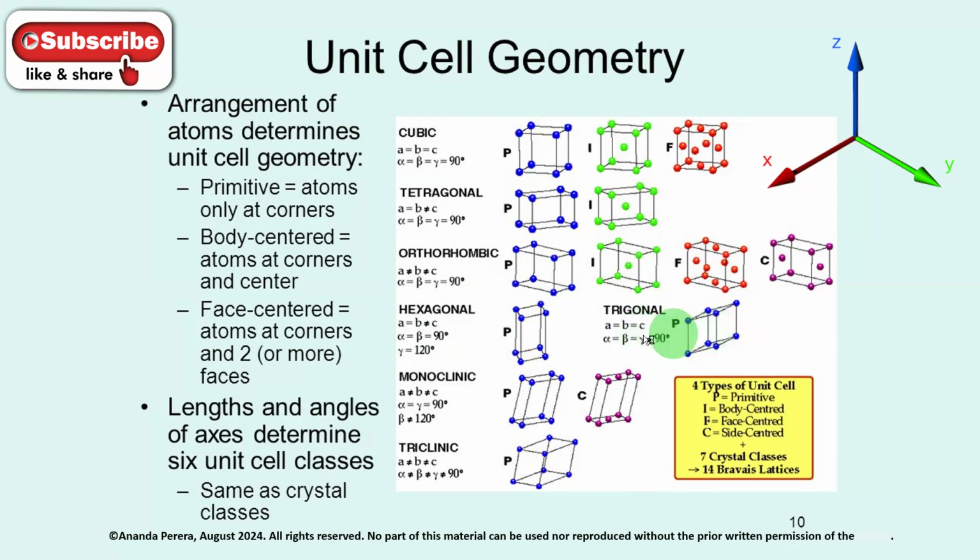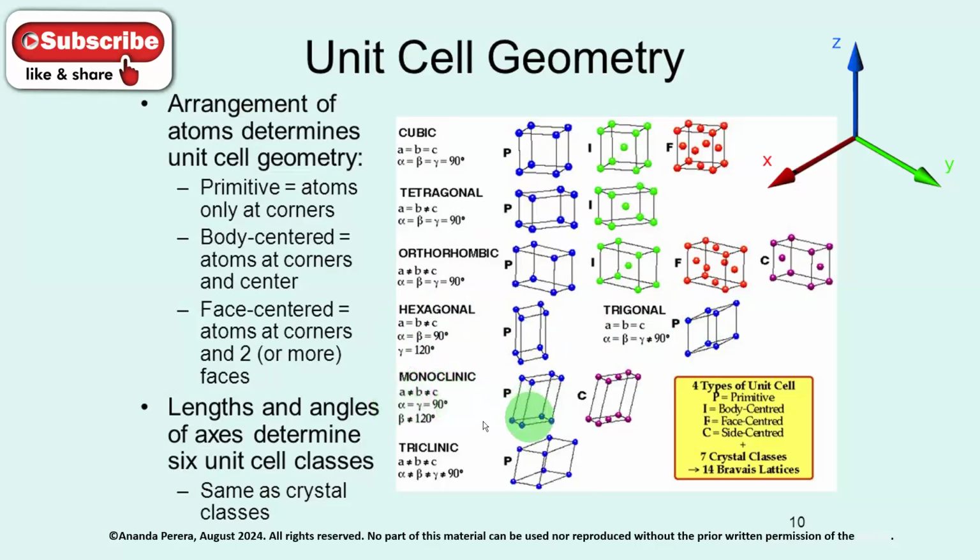So that shape is trigonal. Hexagonal is alpha equal beta equal 90, but the gamma is 120. A and B are equal, but C is not equal. So that shape is called hexagonal. This is trigonal.